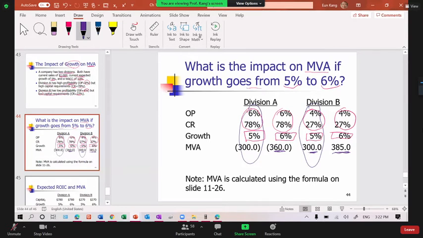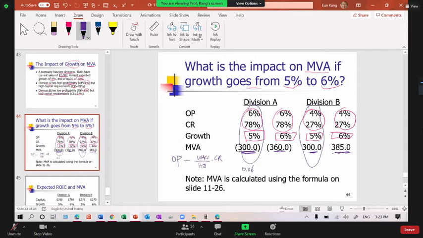Then how do we get those numbers? Those numbers come simply from the formula that we saw, this one, right? OP minus WACC over 1 plus G, over capital requirement, times this one. So let's do just this one. OP is 0.06.